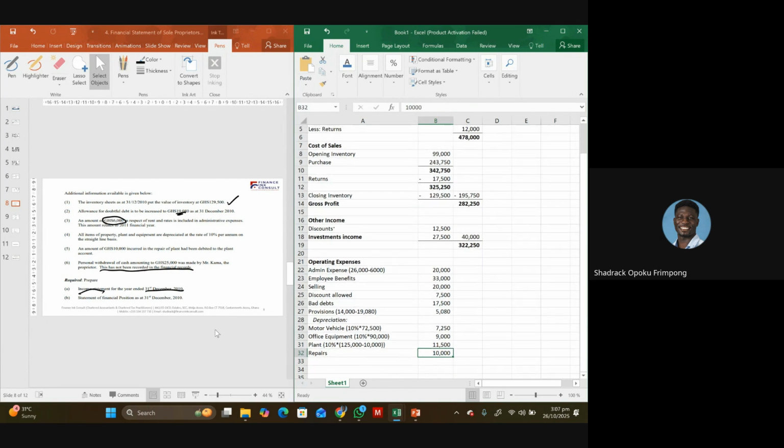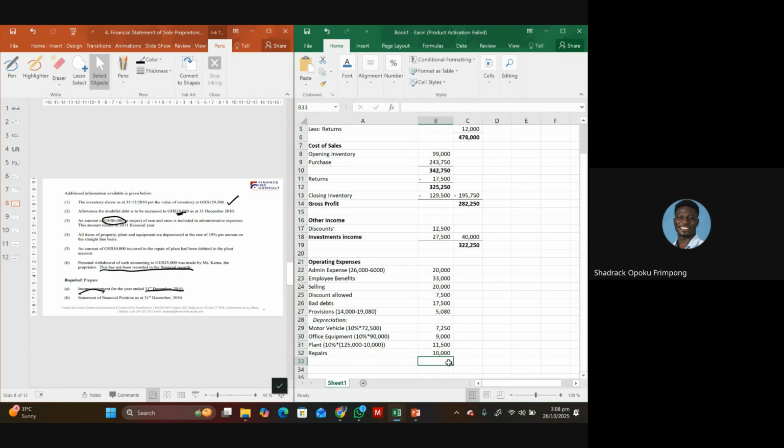Then the last one, personal withdrawal of cash amounting to 25,000 was made. This is a withdrawal of the capital, so that will not form part of our expenses. When we were looking at the accounting concepts, we made mention of business entity, where we said the owner of the business is separate from the business itself. The business generates its own revenue and incurs its own expenses. So when we are preparing the financial statement, the expenses incurred by the owner should not be included in the financial statement of the business.